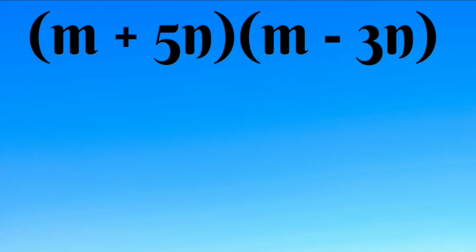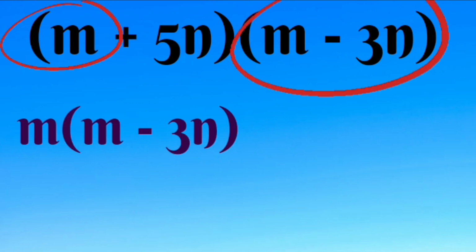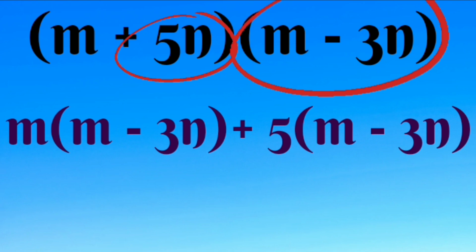So you're going to have m times m minus 3n. That's using the first term in the first bracket to multiply the terms in the second bracket. And we also use plus 5n to multiply the terms in the second bracket.